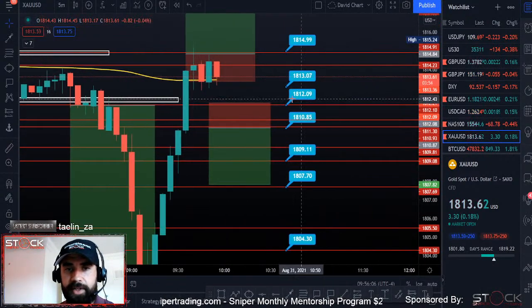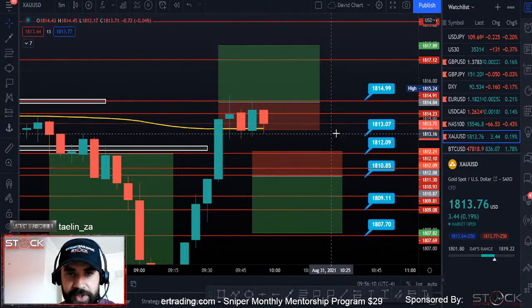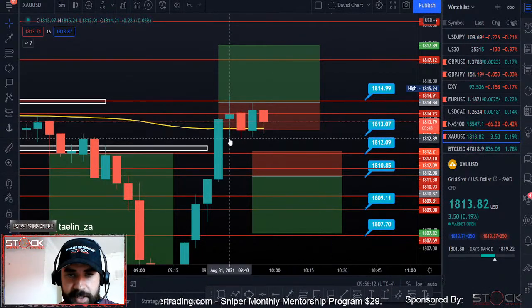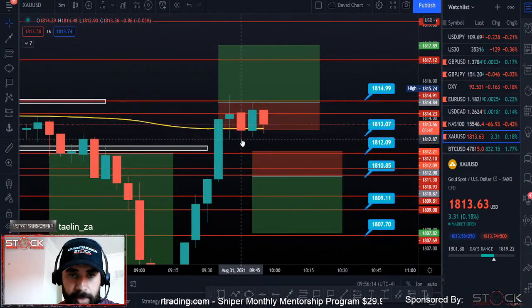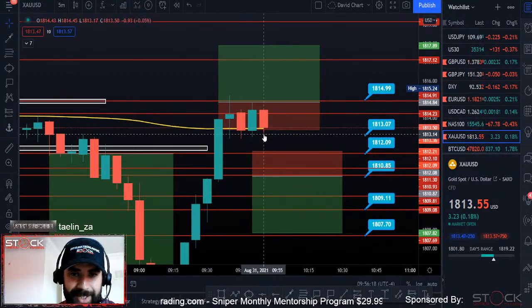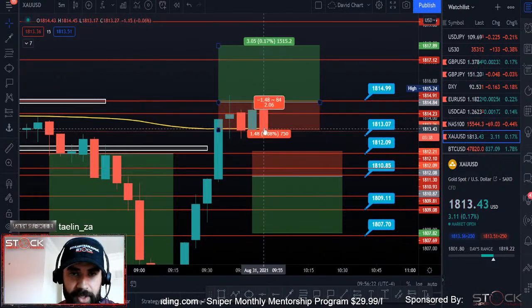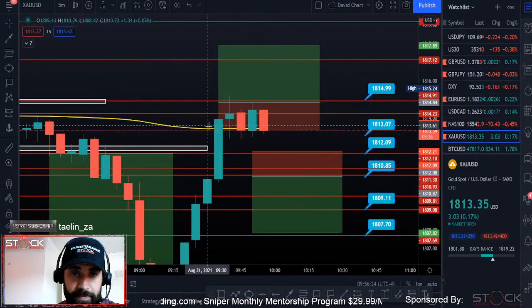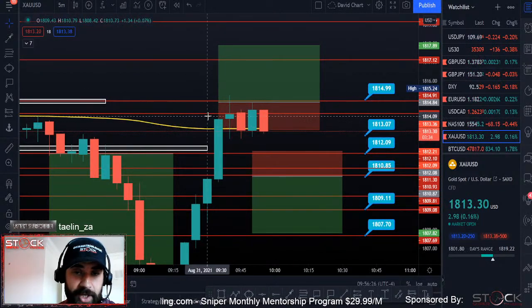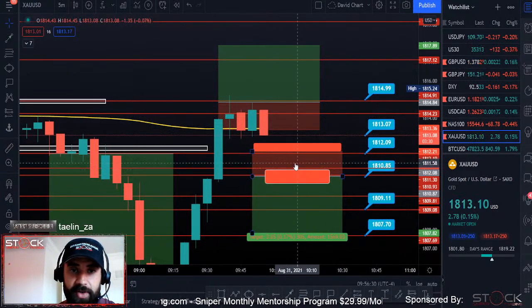Okay, so if we dive in closer, we can see that this wick is parallel with this wick right here. But now this wick is higher than these two candles, and then this wick is higher than these previous. So we're going to see if they hold good support here, and if it's going to hold above this 200 and flip bullish continuation, unless it's going to sell through and come down and touch this area right around here.